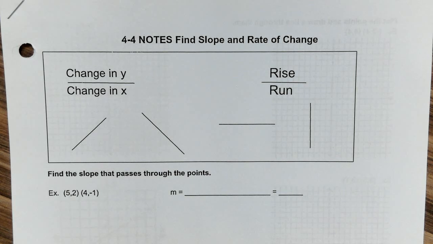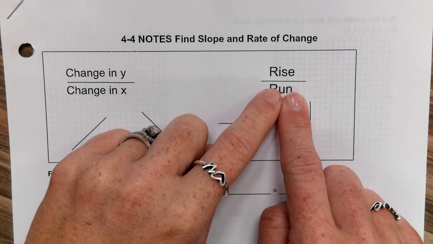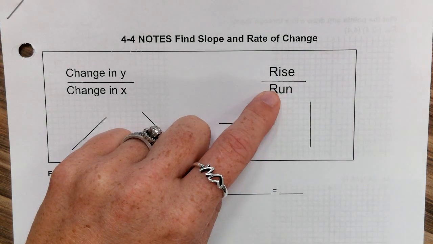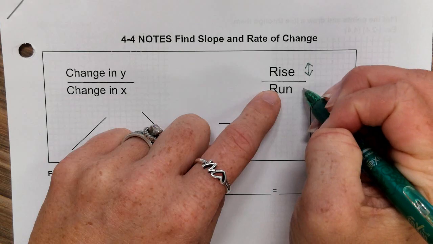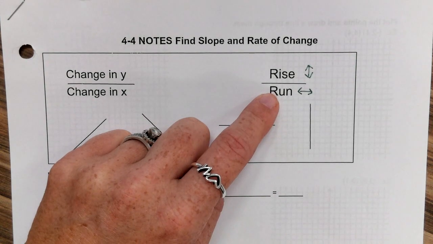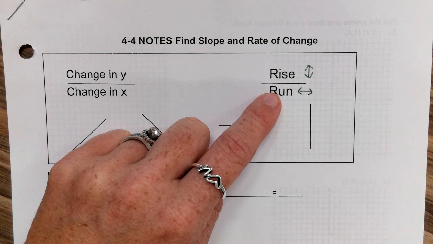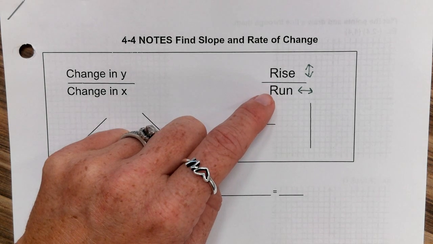To find slope, we learned in 7th grade this formula. Yes? Rise over run. The rise is going up or down. The run is going, anybody? Left or right. Now, in 8th grade and in Algebra 1, we learned what's called the slope formula.